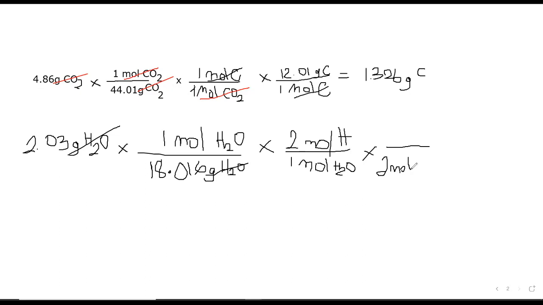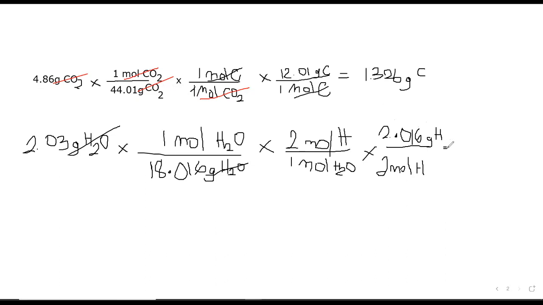So 2 moles of hydrogen will give about 2.016 grams of hydrogen, like so, like that.